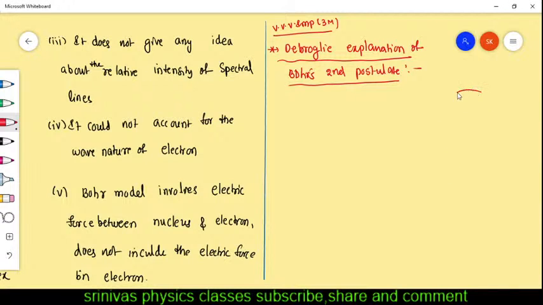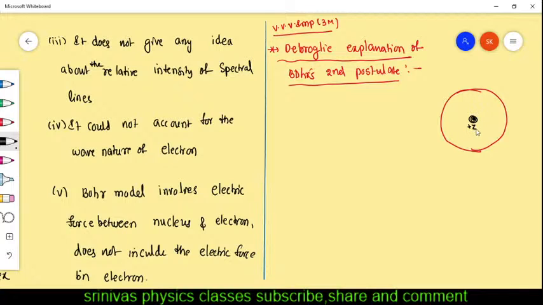This is an orbit. We will take this as one orbit. And this is the nucleus.